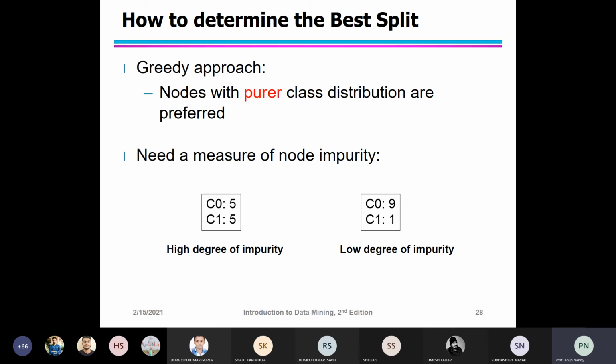The smaller the impurity, the more skewed the class distribution. A node with class distribution 0, 1 has zero impurity, whereas a node with a uniform class distribution has the highest impurity. So you need to compute the impurity measures.